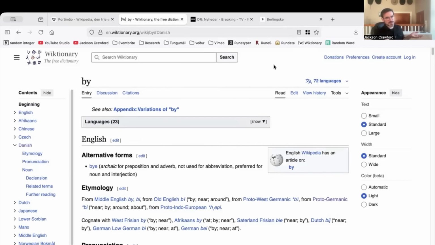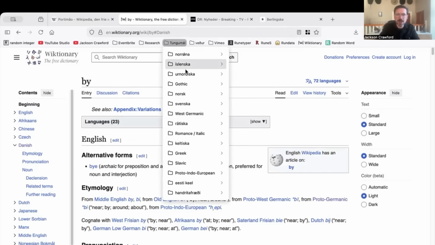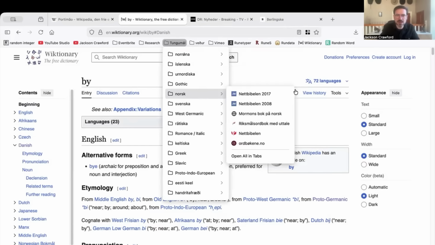Just be aware too that Google Translate isn't always smart about context and words that have multiple meanings. It may not always give you the meaning. Trust yourself to go through these dictionary entries before you trust Google Translate. I also have dictionaries bookmarked for languages that I use a lot.